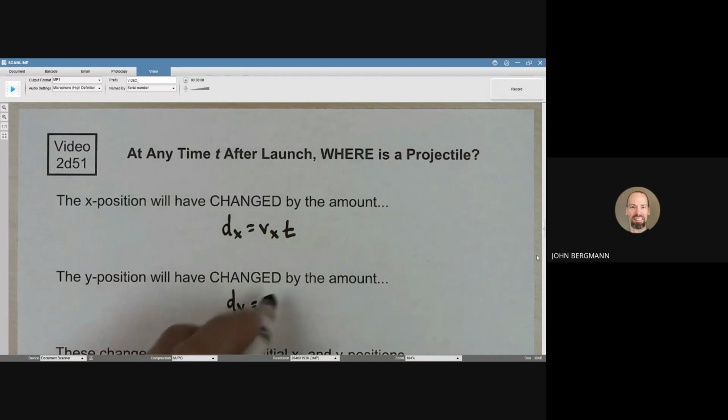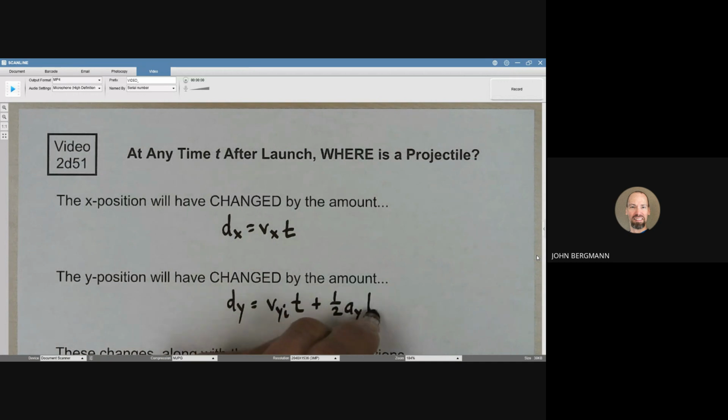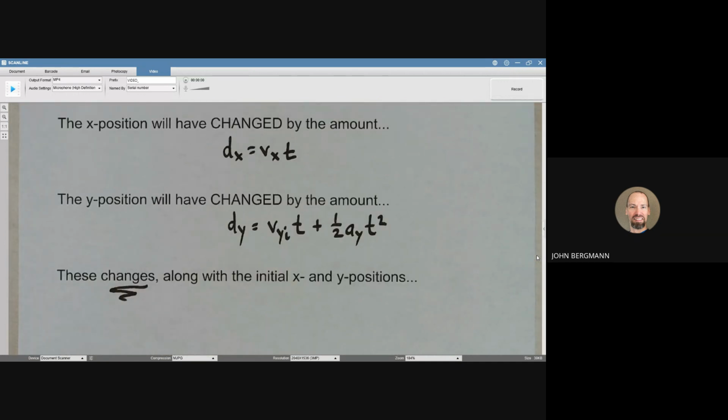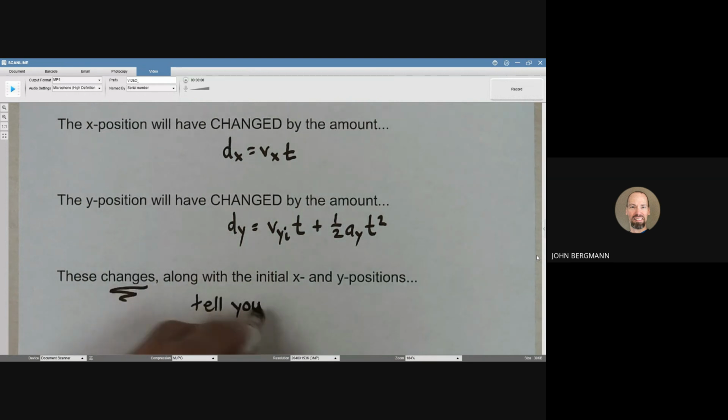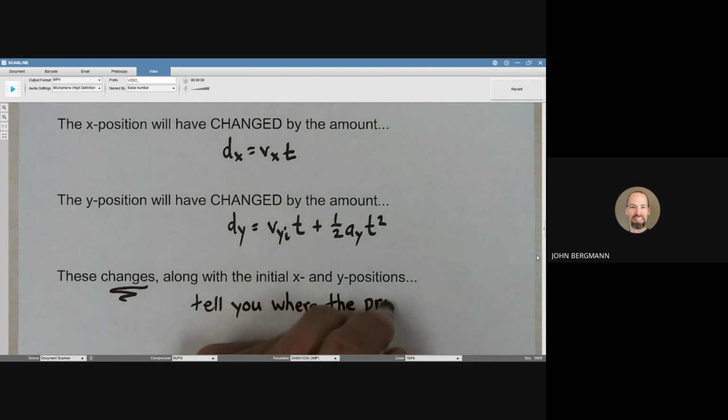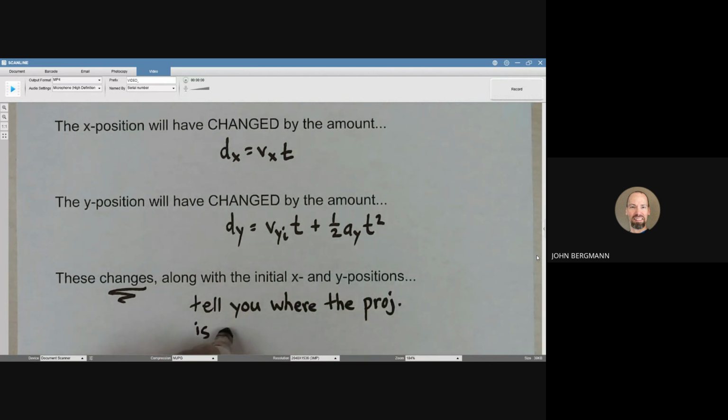The y position will have changed by the amount given by that equation. These changes, along with the initial x and y positions, tell you where the projectile is at the time t.